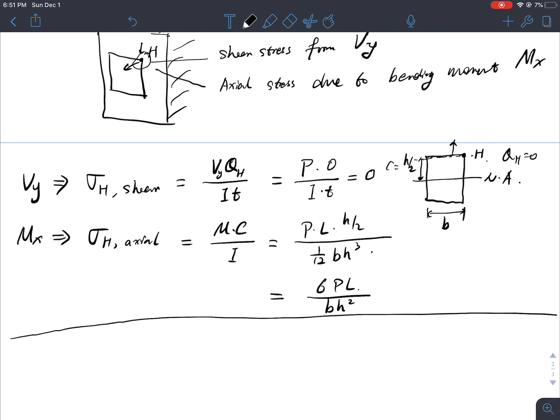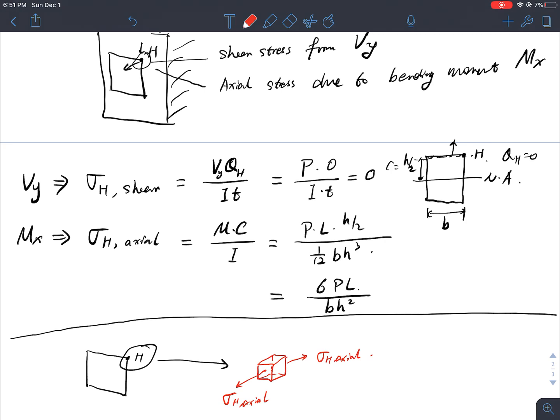So let me zoom in on this point here. Then I realize that I'm actually dealing with a small element that sees a normal stress of sigma H axial, and that's it, because I don't have shear stresses.